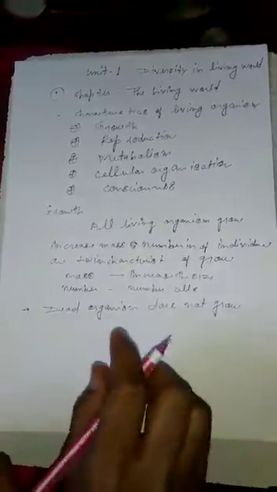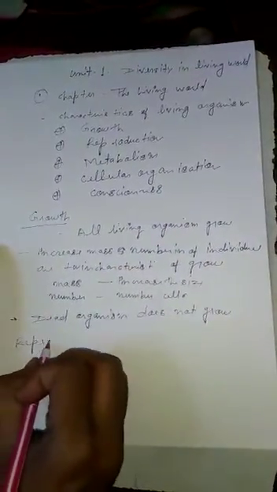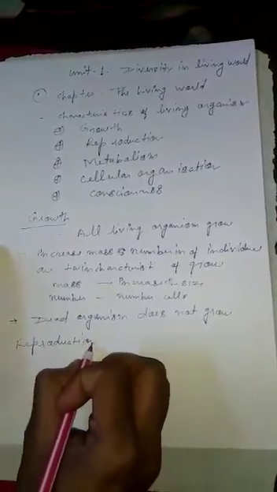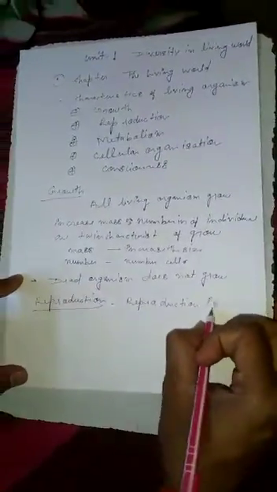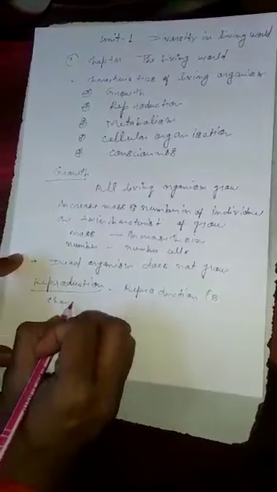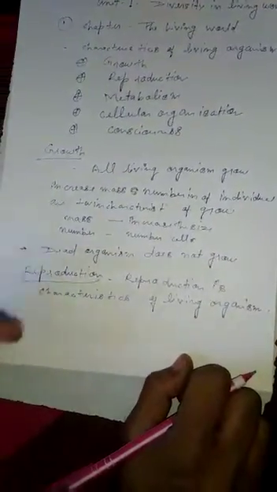The next topic we have discussed is reproduction. First is growth, second is reproduction. Reproduction is a characteristic of living organisms. It is the production of progeny similar to the parents.